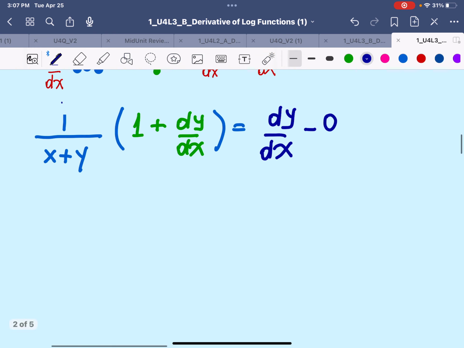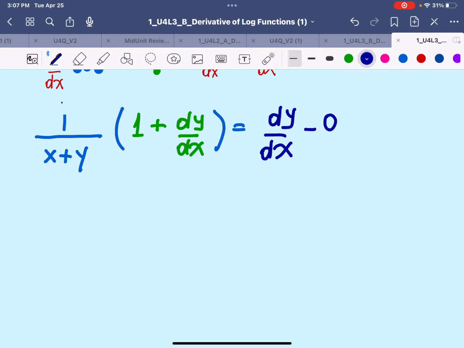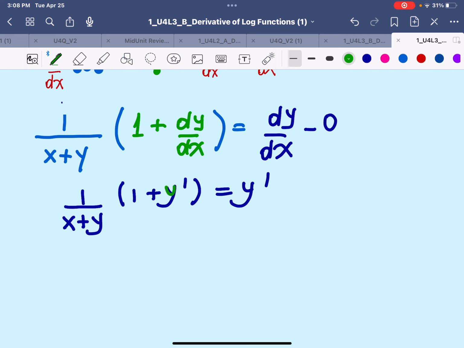So we'll write the expression a little bit more neatly here. So we're multiplying a fraction by this non-fraction, and I'm also writing dy dx as y prime. So we have 1 over x plus y multiplied by 1 plus y prime equals y prime. So let's make y prime green. It's a beautiful color.